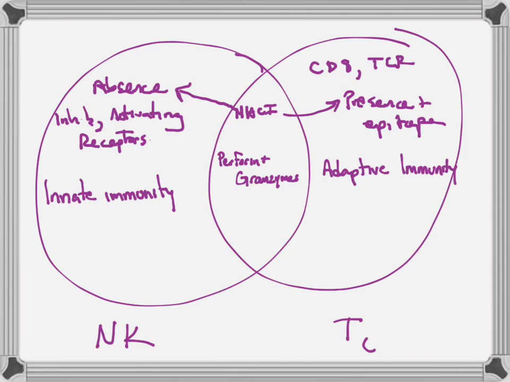I suppose if you're looking for one last commonality, their activity is enhanced or activated by T helpers. T helper cells and their secretion of cytokines are going to increase phagocytosis in macrophages and neutrophils.